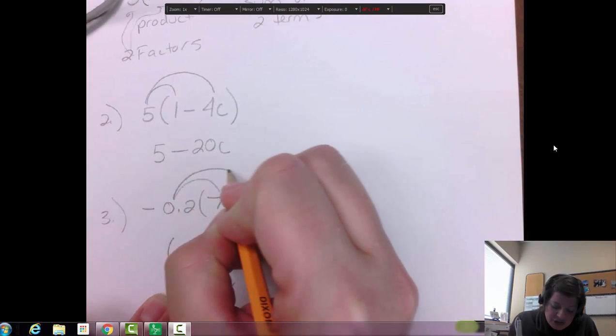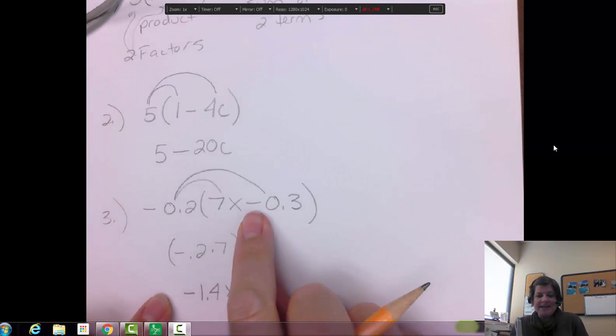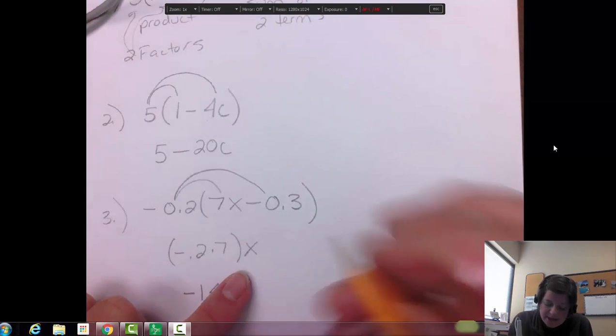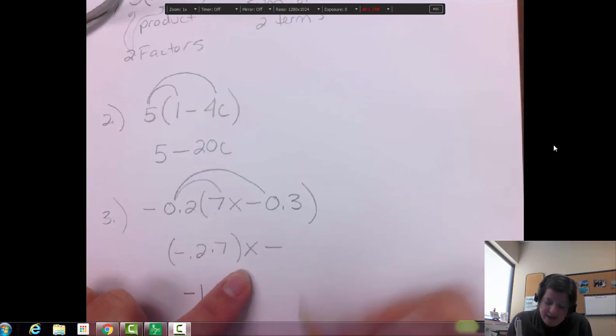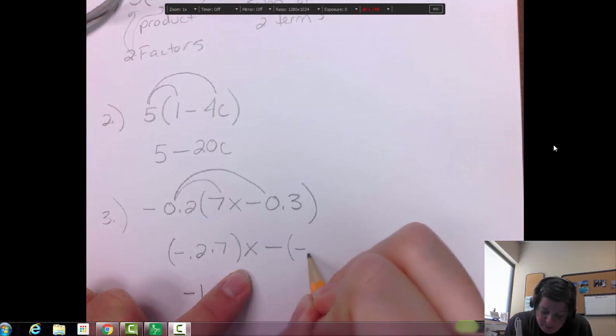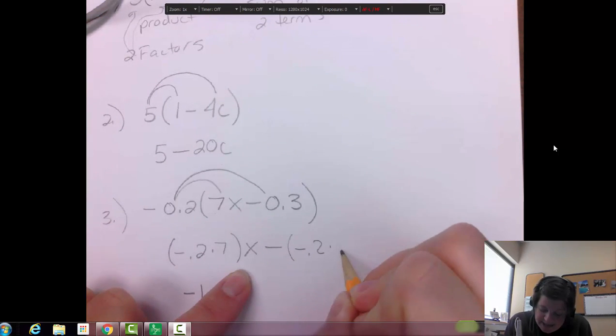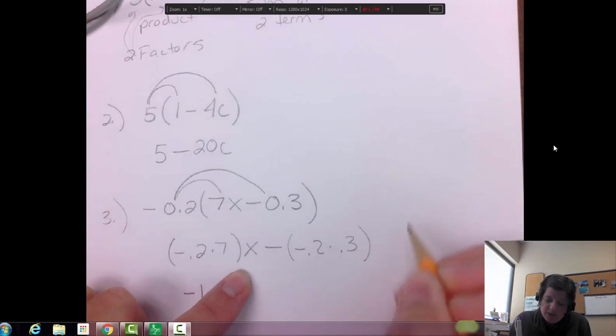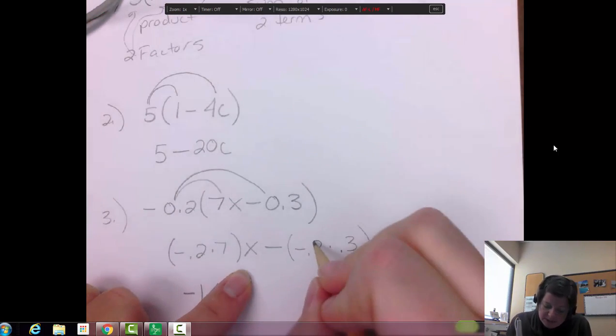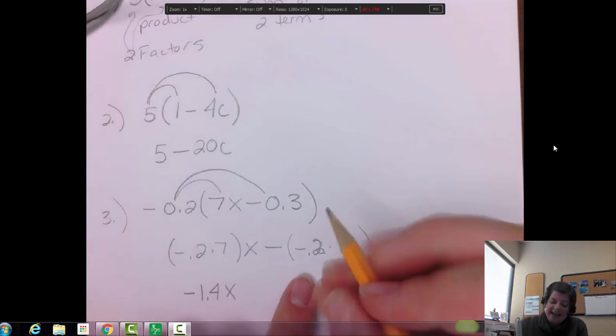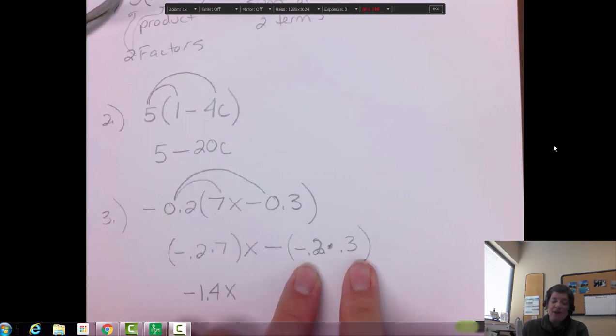Now let's do our second term. Negative 0.2 times a minus 0.3. So I'm going to keep this minus here, and then think of it as negative 0.2 times my 0.3. Inside here, we have a negative times a positive, which we know is a negative.